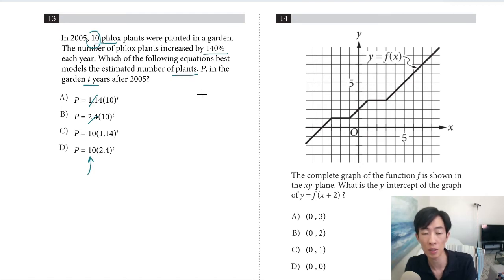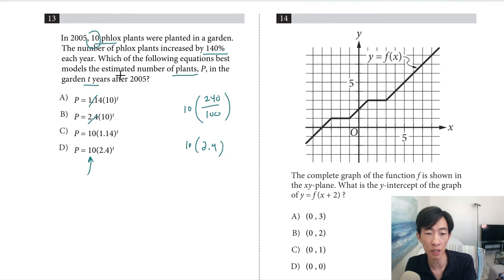So the way you represent that as a fraction, it's going to be 240 over 100. Because if you think about it, 140% increase means the result is going to be 240% of the original. So what you basically do is you take 10, multiply it by 240 over 100, and that translates into 2.4.